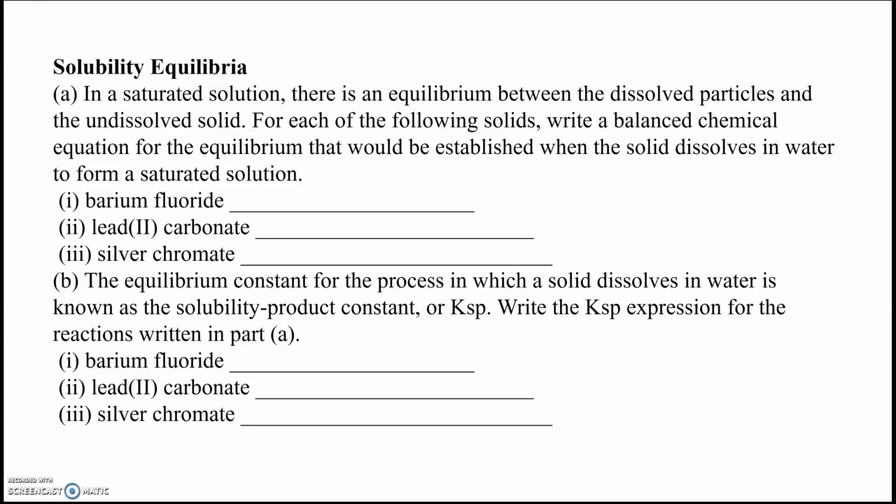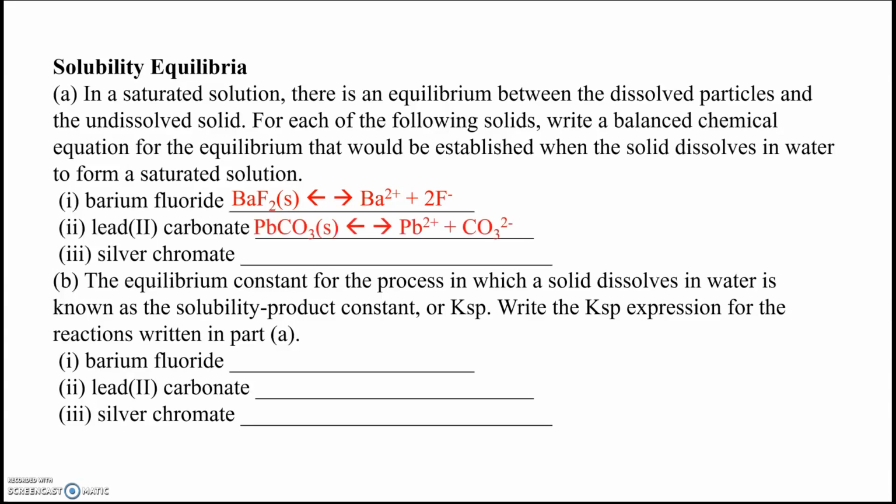This is a different application of equilibrium, but it is important, and there will be questions like this on the exam. So when I talk about a saturated solution, there's an equilibrium between the dissolved particles and the undissolved solid. And we want to write a balanced chemical equation for the equilibrium that would be established for these 3 different compounds: barium fluoride, lead 2 carbonate, and silver chromate.